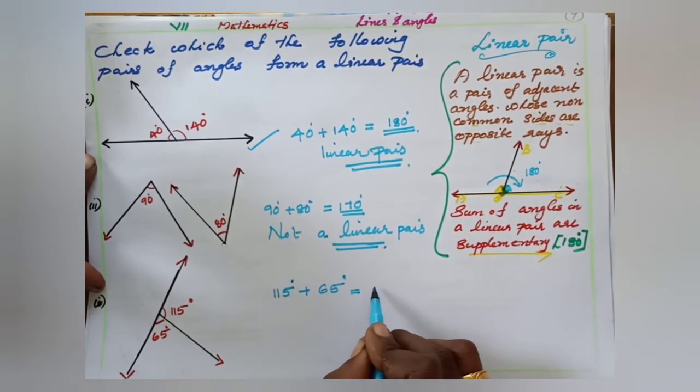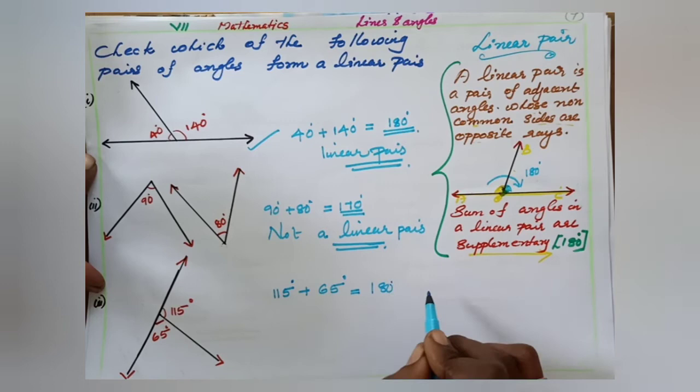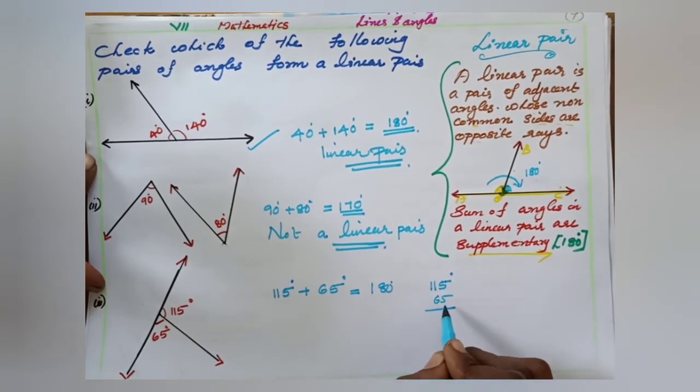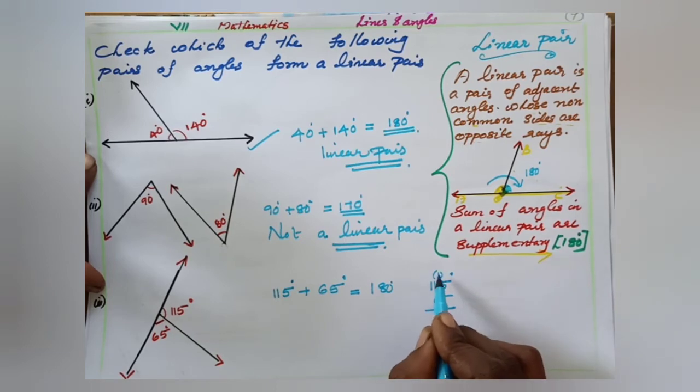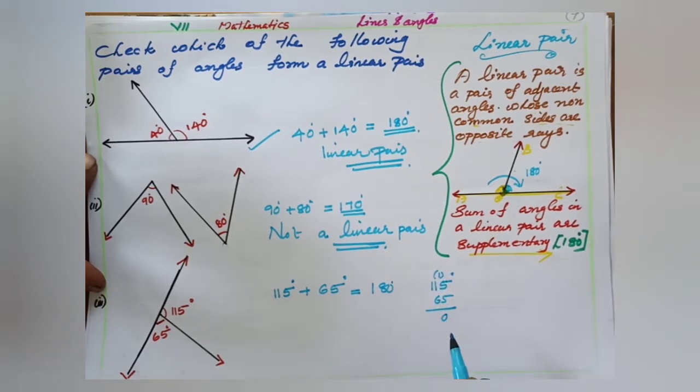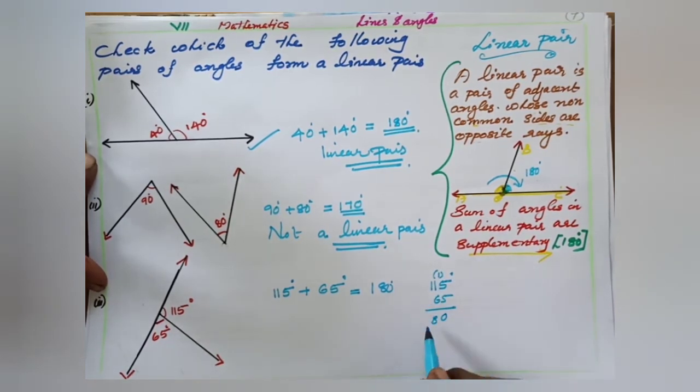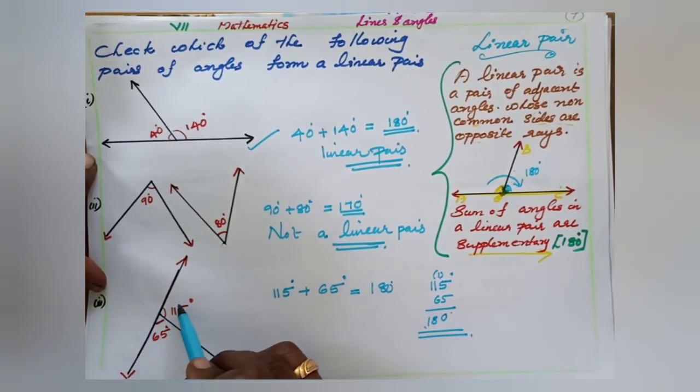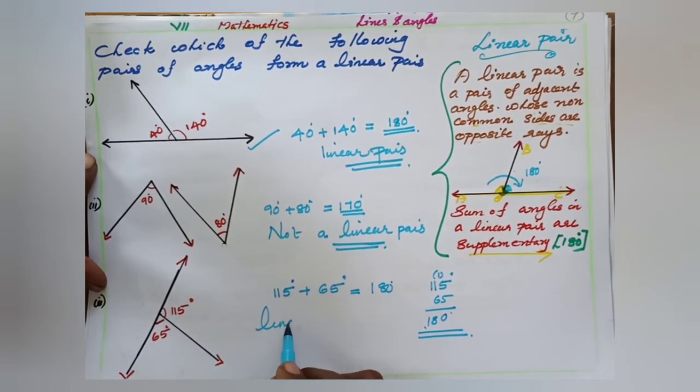How much? 5 plus 5 is 10, carry 1. 1 plus 1 is 2, 2 plus 6 is 8. Yes, 180 degrees. So all three conditions are satisfied and the sum of these two angles is 180 degrees. So this is a linear pair.